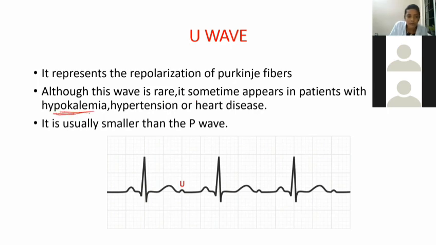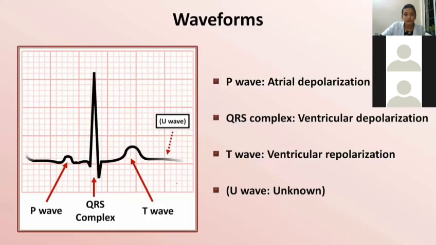This is an important point: the U wave is mainly present in hypokalemia, and even in hypertension or some heart disease the U wave can appear. But the major condition in which we can expect a U wave is hypokalemia. You can observe in the image that the U wave is smaller than the P wave, and it appears after the T wave. So this is about the U wave.